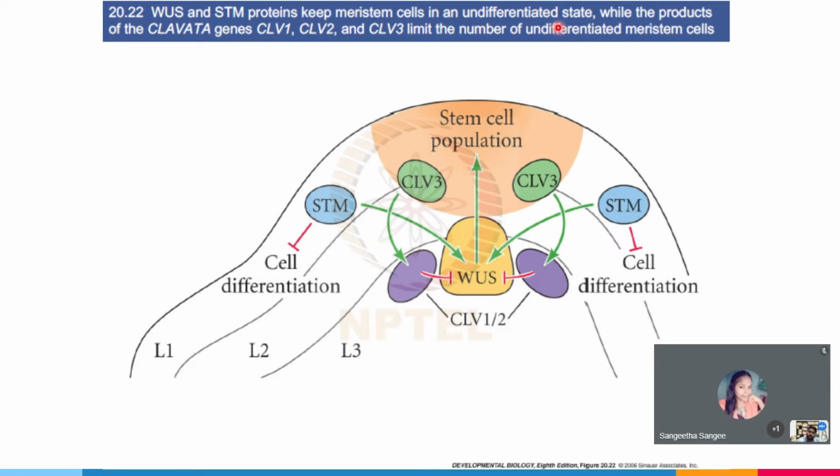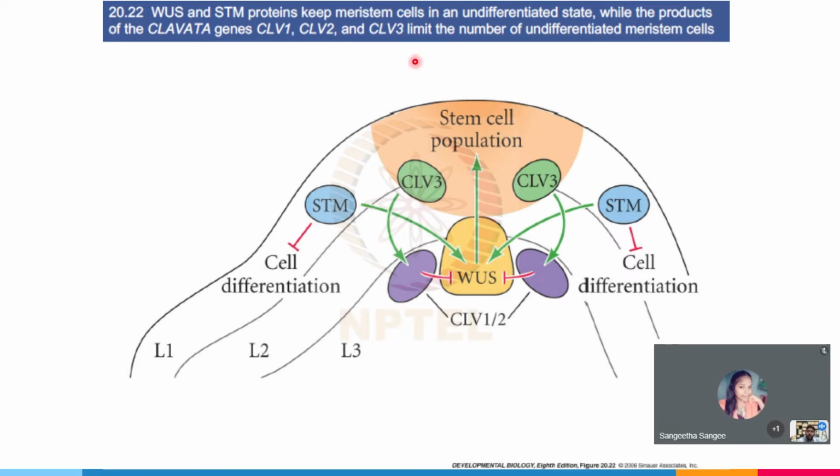One is the undifferentiated meristem state, similar to stem cells, in which the meristems give rise to more meristems, and that makes sure that the entire meristem population remains constant or starts to increase. While the products of clavata genes such as CLV1, CLV2 and CLV3 limit the number of undifferentiated meristem cells.